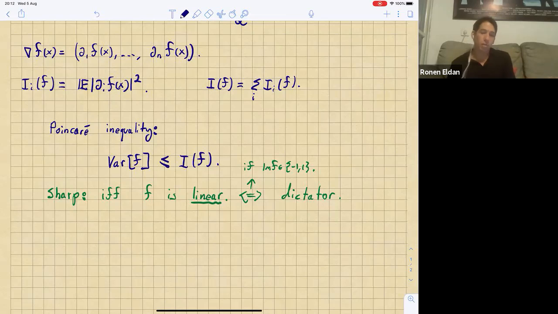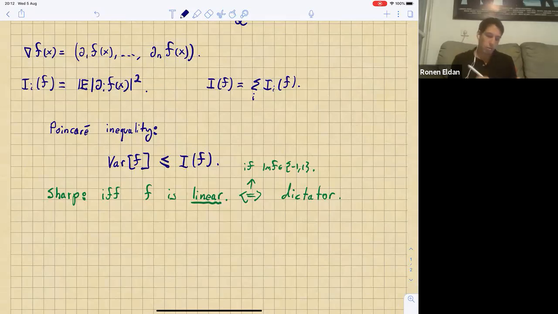It's actually true for any real-valued f, and we're going to see several ways of taking advantage of the fact that f is Boolean, which will allow us to improve this inequality in several directions.